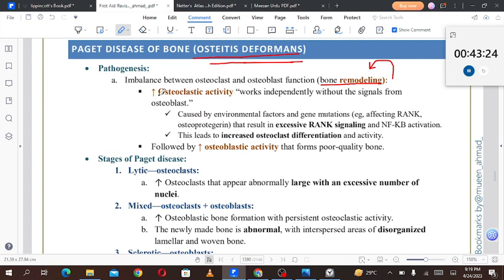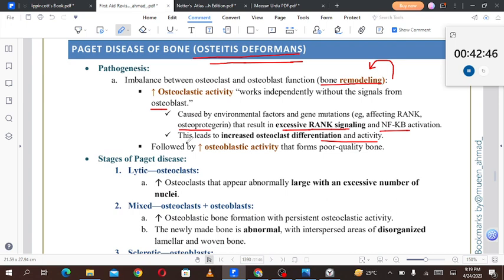Increased osteoclastic activity works independently without a signal from osteoblasts, caused by environmental factors and gene mutation, for example, affecting the RANK and osteoprotegerin that result in excessive RANK signaling and NF-kappa B activation.